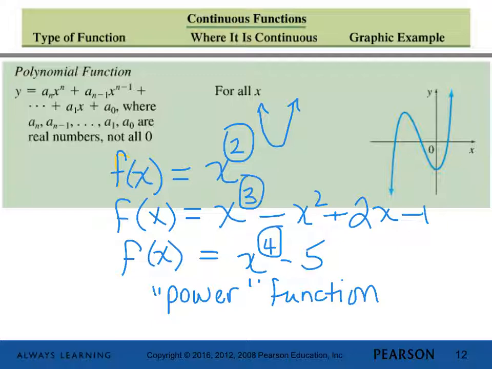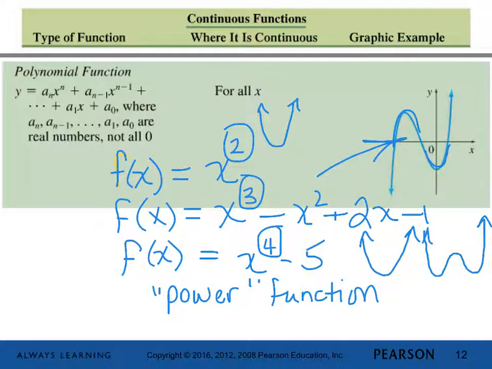This function, I'm pretty sure it's not this graph, but it would have the same shape as that graph because it's a cubic function, which means it turns twice, once here and once here. And then x to the 4th power can look like a quadratic graph, or it can have 1, 2, 3, 4 turns.